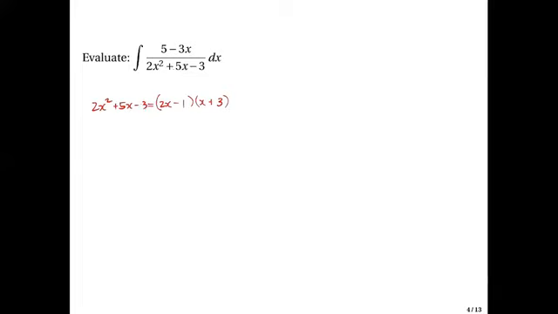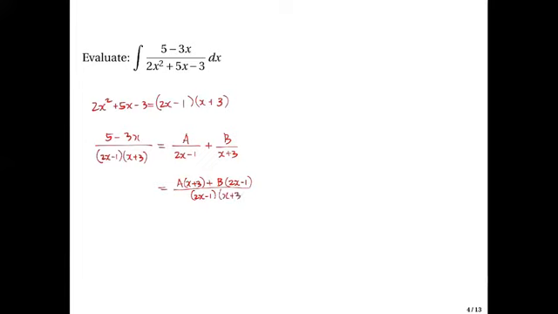So this guy here, we can rewrite this as follows. 5 minus 3x all over (2x minus 1) times (x plus 3). So this is equal to A over (2x minus 1) plus B over (x plus 3), or this is equal to A times (x plus 3) plus B times (2x minus 1) all over (2x minus 1) times (x plus 3).